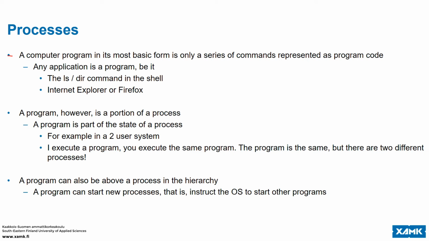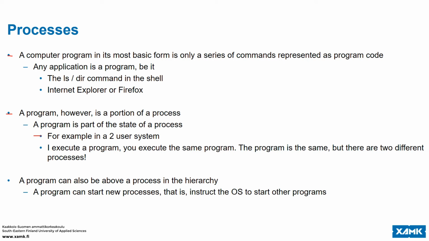When compared to a process, a program is just one portion of it. So a program is a part of the state of the process. Let's give an example of what this means. Let's say we have a computer system that has two users. Both users have access to the same programs.